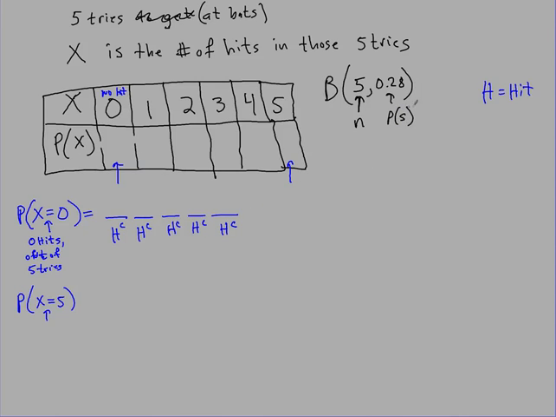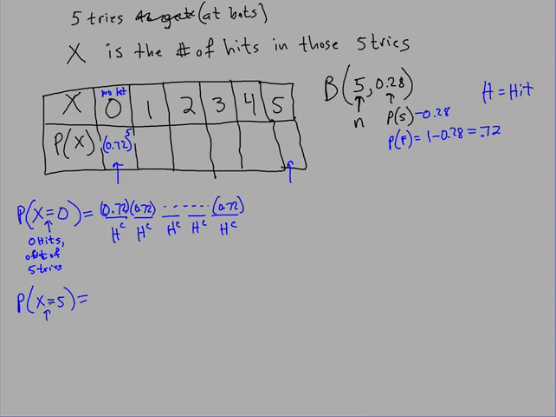The probability he's going to get a hit is 28%. So the probability that he fails is 1 minus 0.28, which is equal to 0.72. So the probability he doesn't get a hit each time is 0.72, times 0.72, and so on. These are all 0.72s, so this is going to be 0.72 to the 5th. Hopefully you saw that.